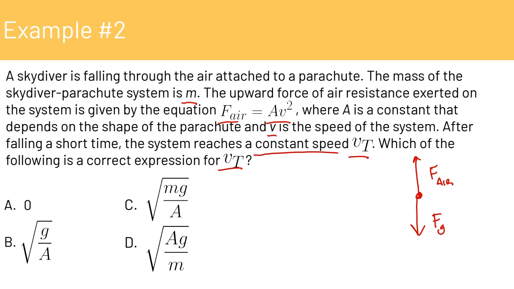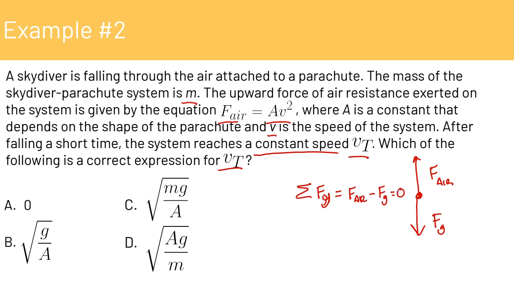So if we look at our sum of forces in the y direction, we have our air resistance minus our gravitational force is equal to 0.